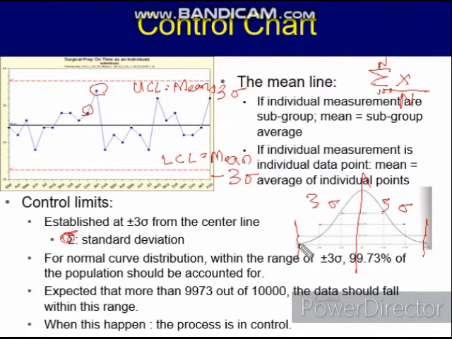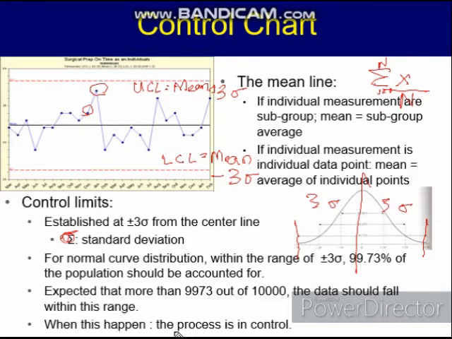So from mean minus 3 sigma to mean plus 3 sigma should account for 99.73% of the population. What it says is that we expect 9,973 out of 10,000 of the data to fall within this range, if it's normal.